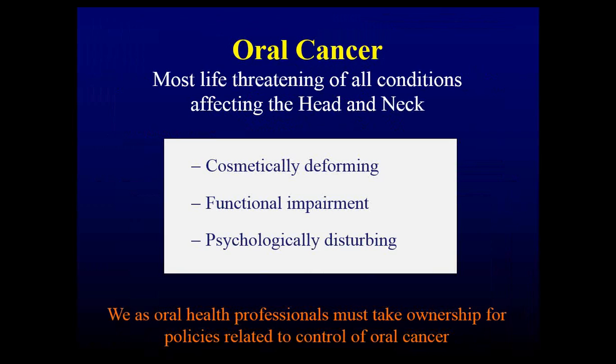The first choice of treatment in oral cancer, like most cancers, is surgery, and one would imagine if a patient has a lesion on the tongue or the buccal mucosa or the alveolar ridge, if that part is removed, that would be cosmetically deforming as well as functionally impairing to the quality of life. And those 2 factors would contribute to the psychological disturbance of the patient as well as the whole family.